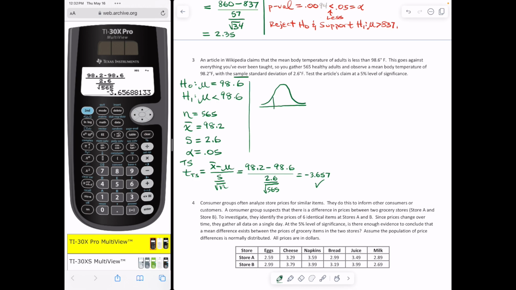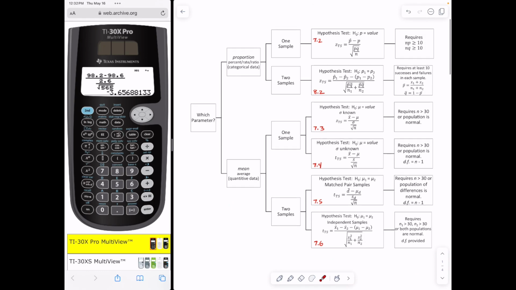So right here, we'll have our t critical value. It's going to be negative. Okay. And so the sample size is 565. The degrees of freedom technically are 564, but you're not going to see that on the table. So let's see what we're stuck with here.